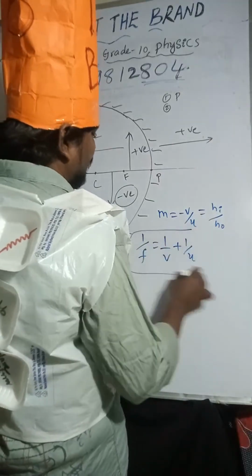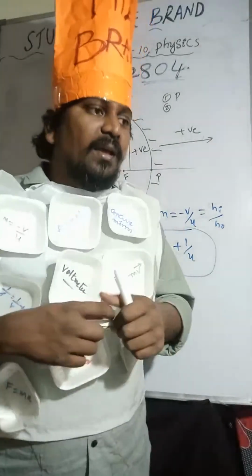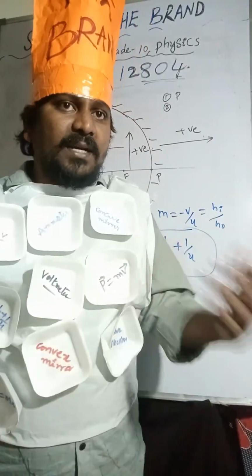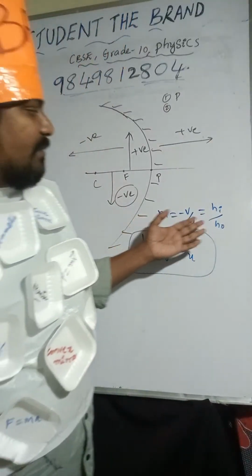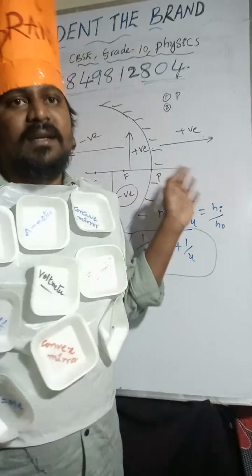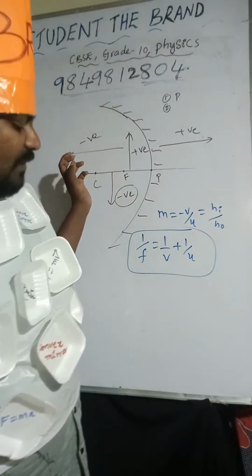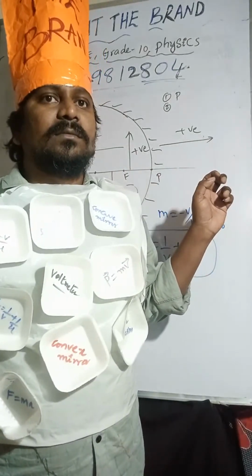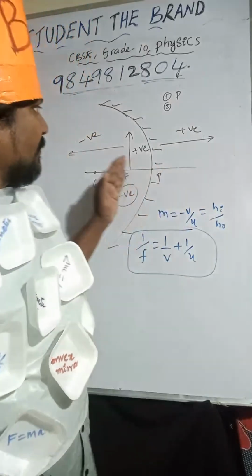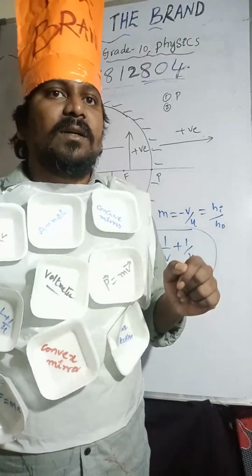This is the mirror formula. For lens, it will be 1 by f equal to 1 by v minus 1 by u, and magnification equal to height of the image by height of the object. So that is for lens. This is for mirror. So this is about spherical mirrors.